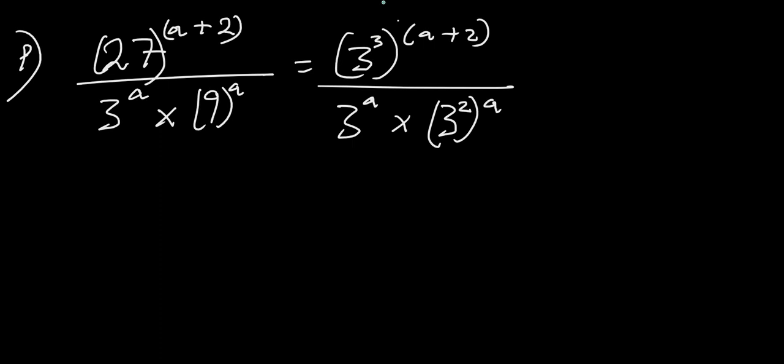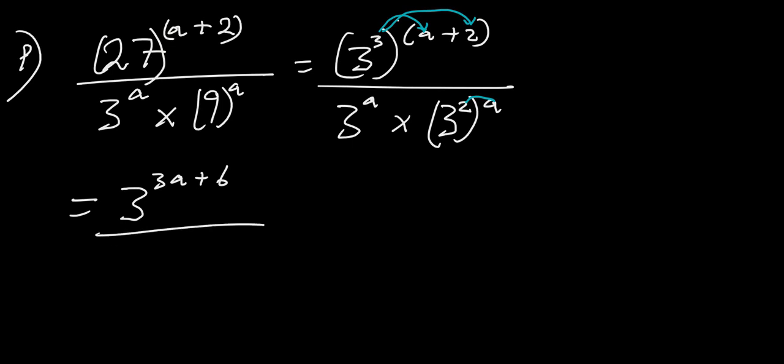So next is to distribute this 3 into a and 2, and also this 2 into this a. All right, so from here we're going to have 3 exponent 3 times a is 3a, and 3 times 2 is plus 6 over 3 exponent a times 3 exponent 2a. So next is to use the multiplication rule on the denominator.